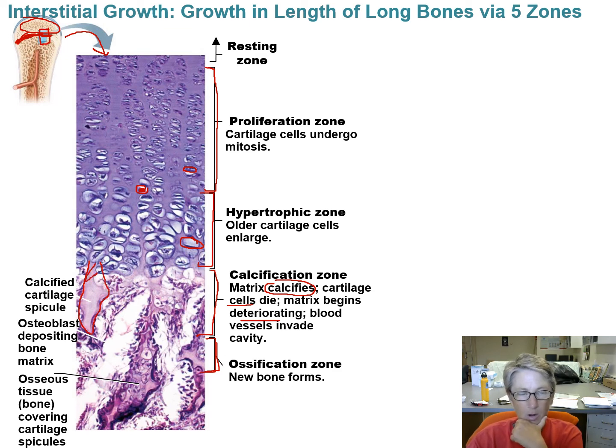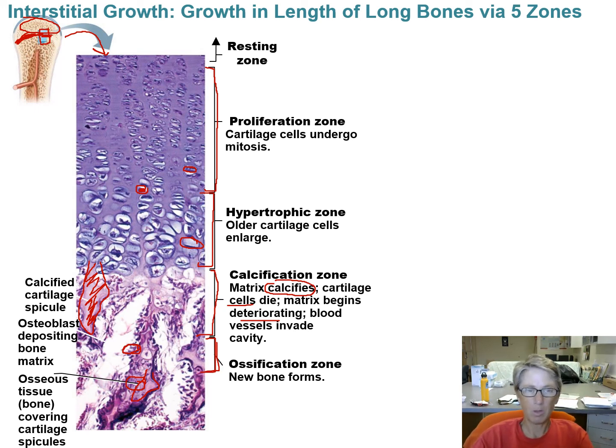So this whole area is a cartilage spicule. This is an osteoblast depositing bone matrix, so that would be the osteoid. This area is osseous tissue covering a cartilage spicule. You can see a little bit of a cartilage spicule here, but the osseous bone tissue is going to overlay that and cover it.